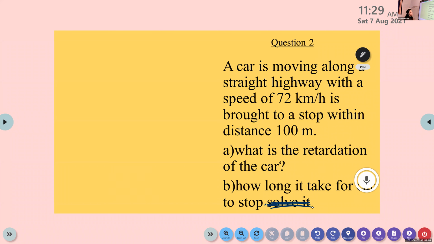A car is moving along a straight highway with a speed of 72 km per hour, is brought to a stop within a distance of 100 meter. What is the retardation of the car? How long, that is, how much time will the car take to stop?